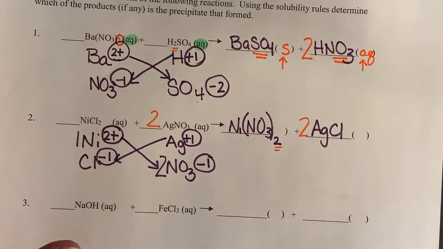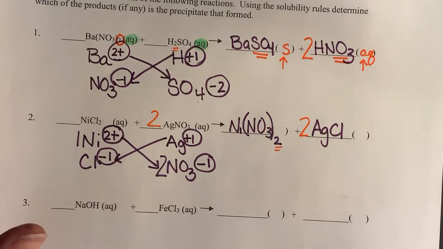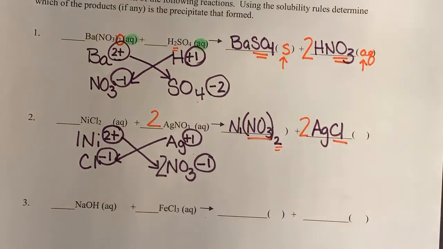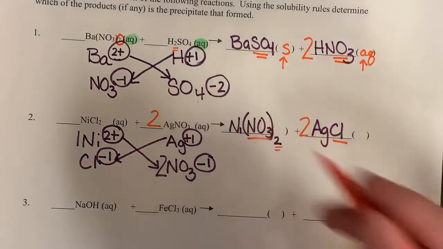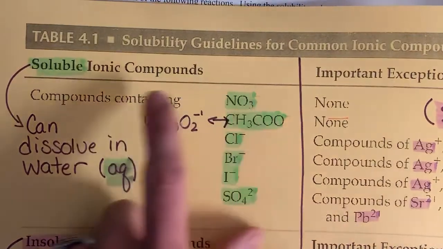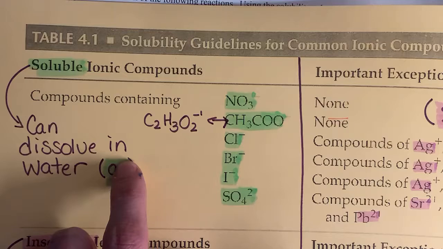So the last thing I need to do is, it's a precipitation reaction. One of these is a solid. So I need to check and see which one it is. Okay. So I look at the negative ions. NO3 is going to be soluble. He dissolves in water, so he is aqueous.